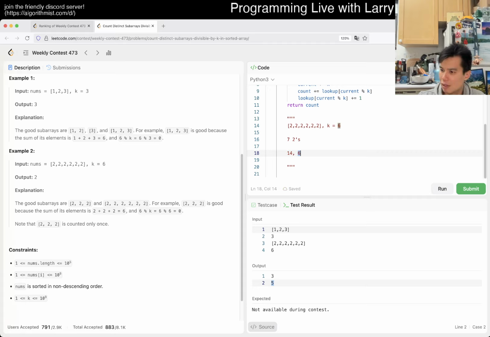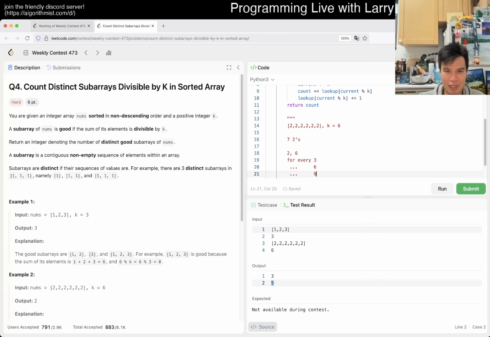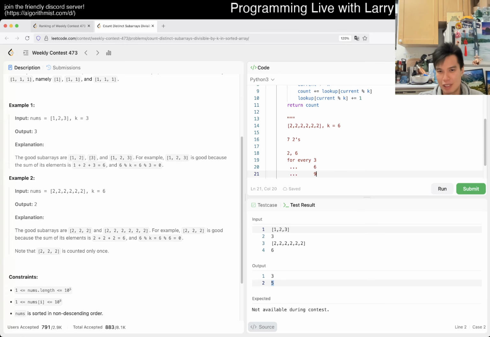That means that for every 3, well, it's going to be every 3, and also every 6, and then every 9, and so forth. So multiples of 3s, and then do we do inclusion-exclusion? It seems ridiculously hard. Am I going down the right path? Let's say we have 7 2s, then there are 5 of these.